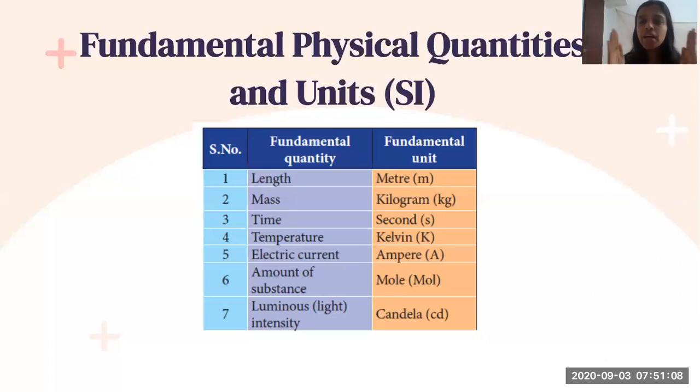We have some common units: for length it's meter, for mass it's kilogram. These are fundamental SI units, which is why they are called SI units. This is important. If in one country one person says I have moved 5 kilometers, another person in that country should understand. So the fundamental unit is meter, right?